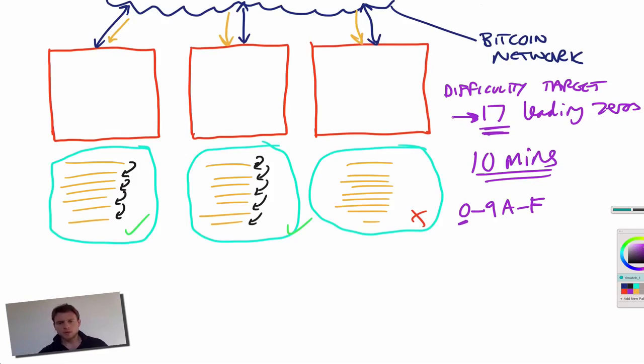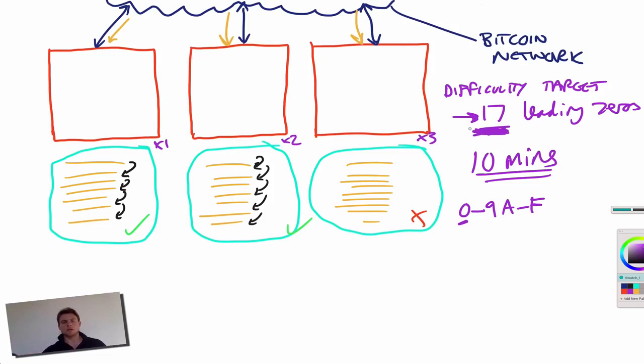This number, called the difficulty target, is designed to auto-adjust according to how much computing power, how many of these mining nodes, are currently competing together. If at a point in time the network has loads of mining nodes and loads of computing power contributing to solving these hashes, the difficulty target goes up.